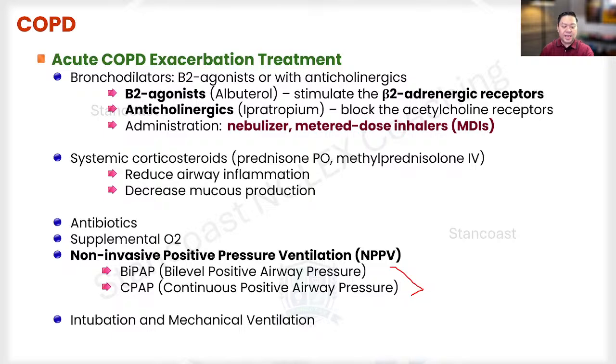The patient will be connected to the mechanical vent, and this is really going to be the last modality if the patient's condition does not stabilize with the other treatments.